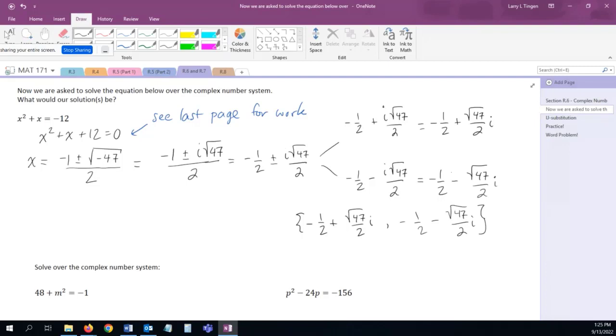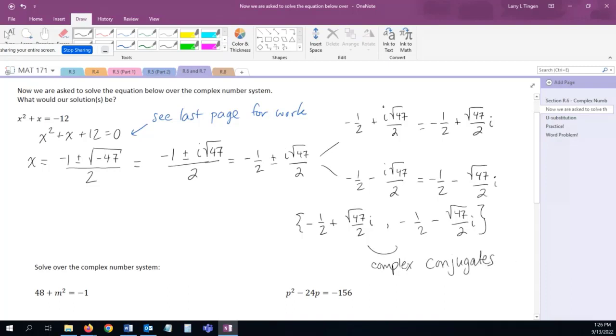Right? The only thing that's different between negative 1 half plus square root of 47 over 2 times i, and negative 1 half minus the square root of 47 over 2 times i, the only difference there is that sign in the middle. So these turn out to be complex conjugates. Remember that word?